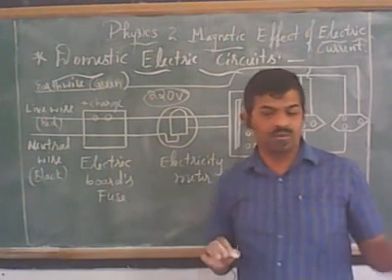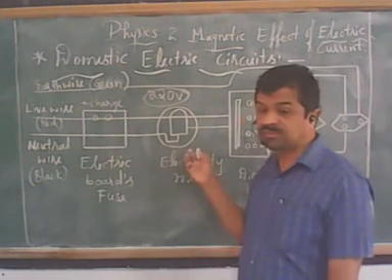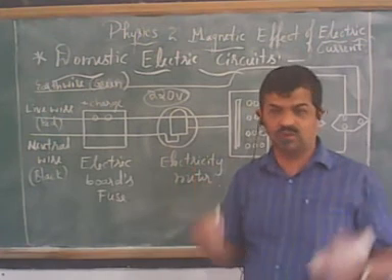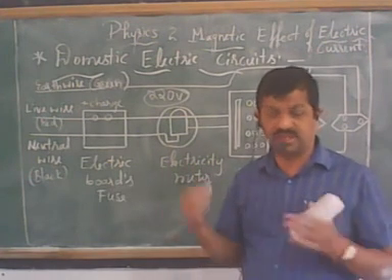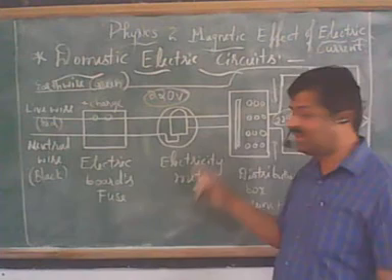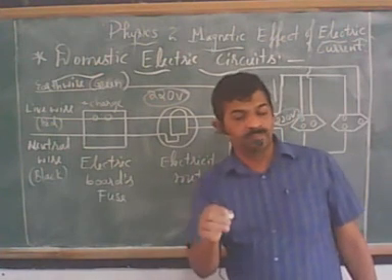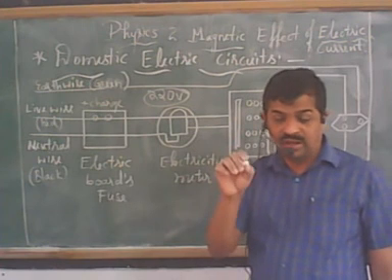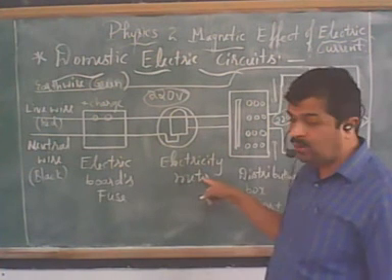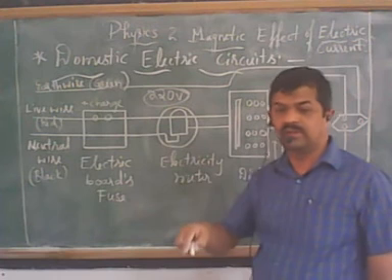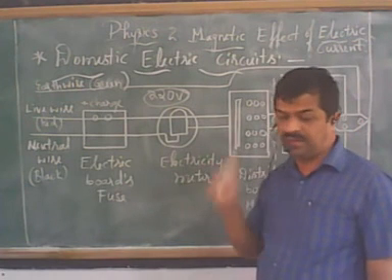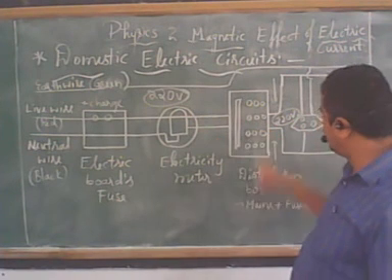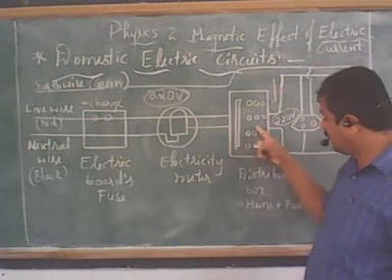Per month we have to pay the amount for consumption of electricity in our home, shopping complex, restaurant, educational establishment. The electric meter gives data about how much electricity is consumed in a particular period. Very important. Live wire enters the electric meter. Finally, the distribution box. The distribution box carries the main switch.